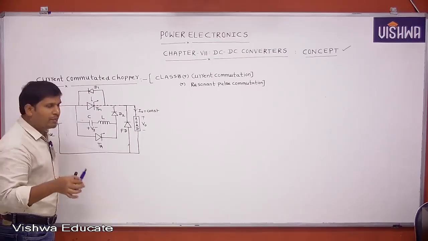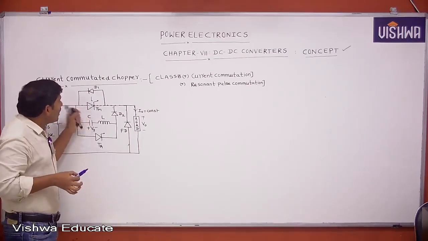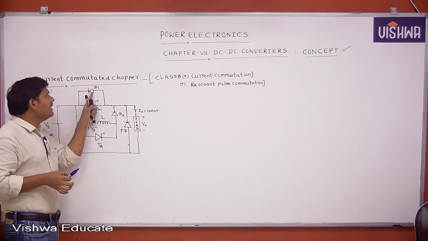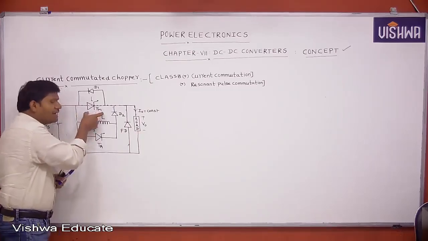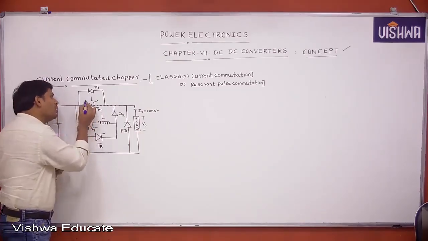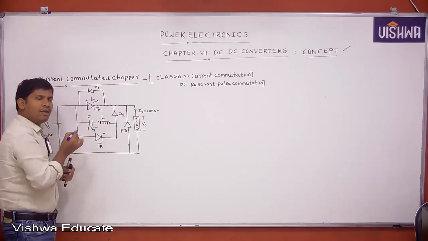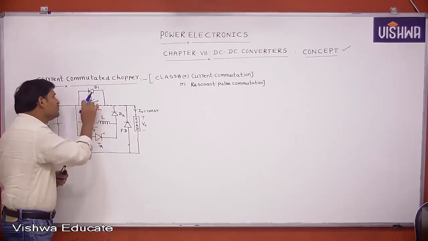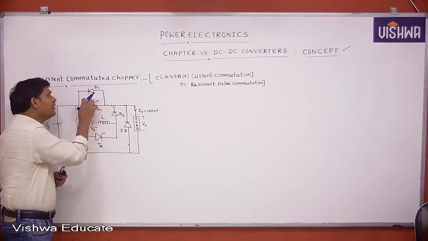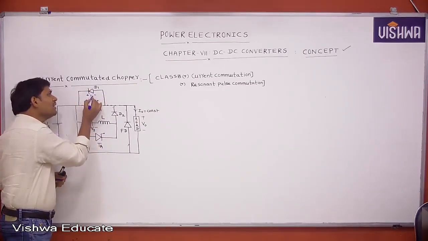But point to remember, during the conduction of the main thyristor, this D1 diode will not conduct. Why? If the thyristor is conducting, there is some forward voltage drop across the thyristor. Let us assume that this is 1 volt or 1.5 volts. This voltage will appear across the diode in the reverse direction. This voltage will cause reverse bias of D1.